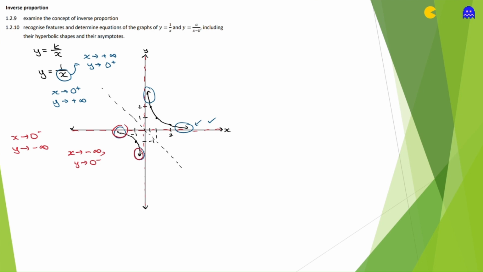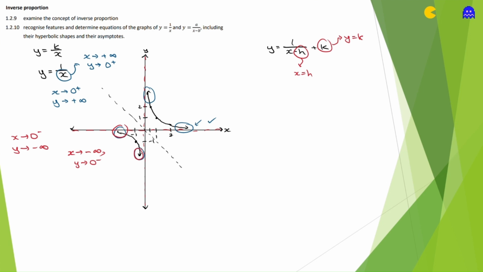So, if we apply some transformations to this y equals 1 over x, we can consider y equals 1 over x take h, plus k. All right? And here, in this case, we will have different asymptotes. The important thing here is that one asymptote will be x equals h, and the other asymptote will be y equals k.